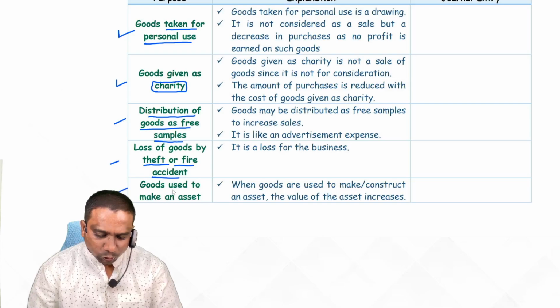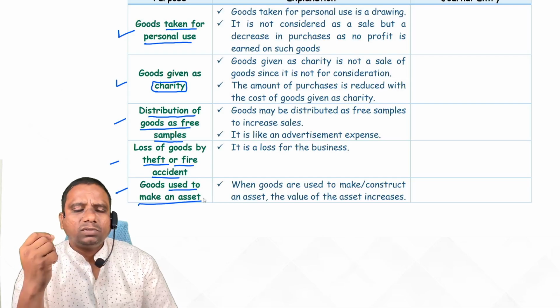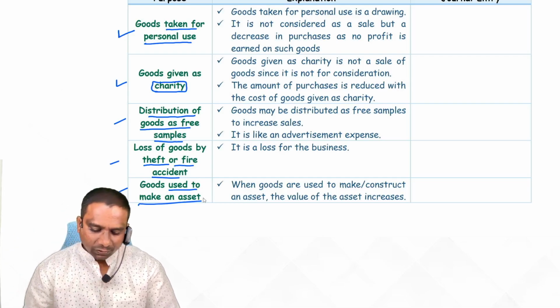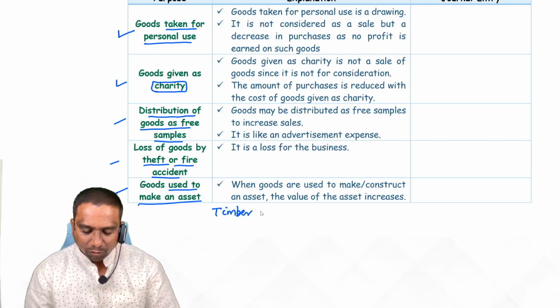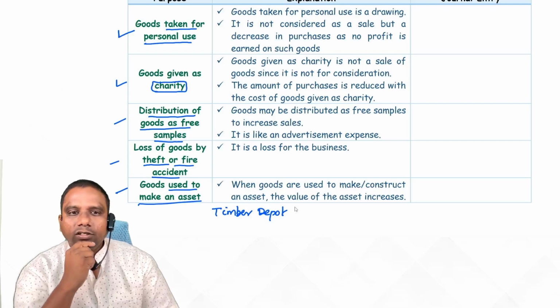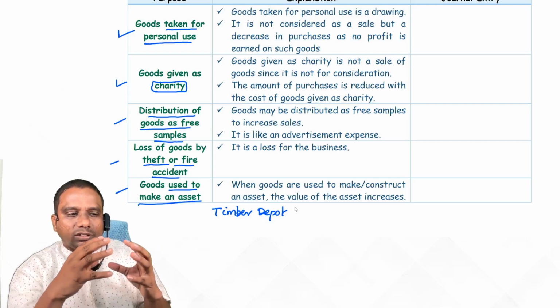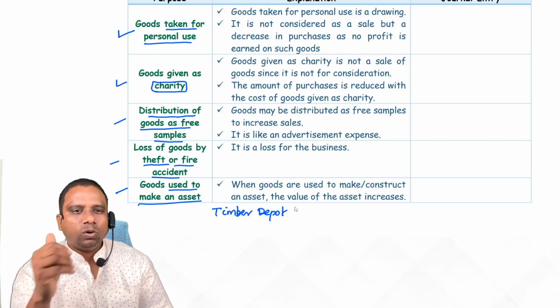Next one: goods used to make an asset. See, I am running a timber depot. Do you know a timber depot? Wood, timber depot. These people deal with raw wood. The wood I have purchased is for sale purpose, plywood, whatever it may be.